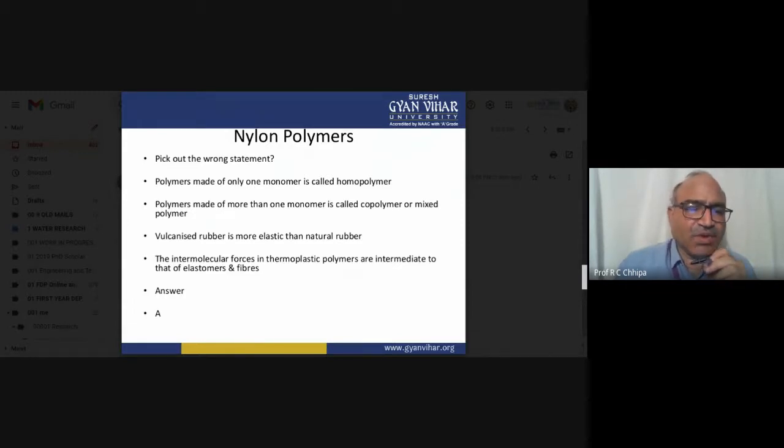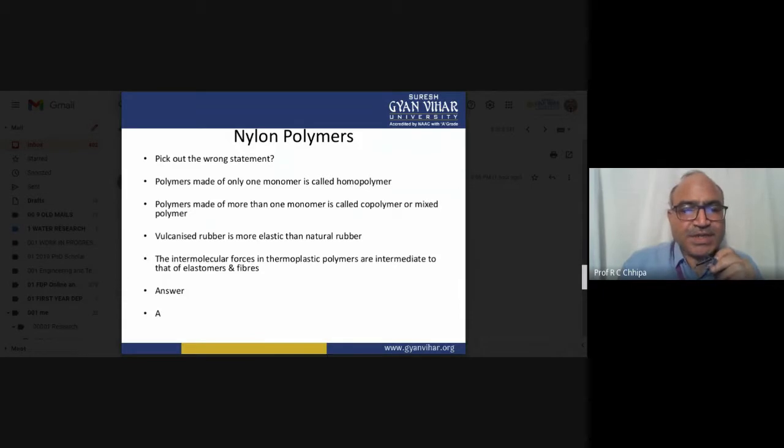This is the wrong answer because when rubber undergoes the process of vulcanization, that is the hardening of rubber. Whatever you can see, the tire of the vehicle, those tires are hard rubber, and those hard rubber are obtained after the process of vulcanization.